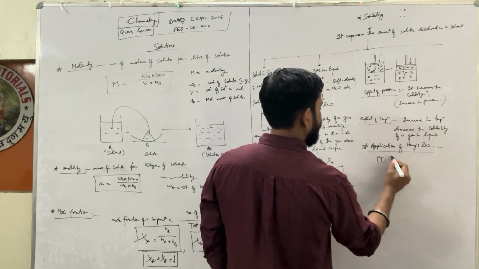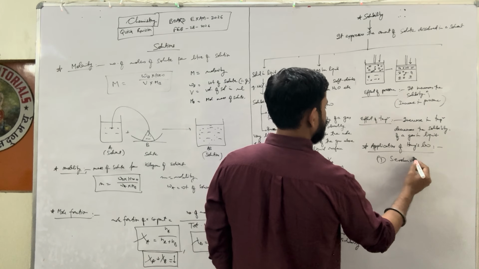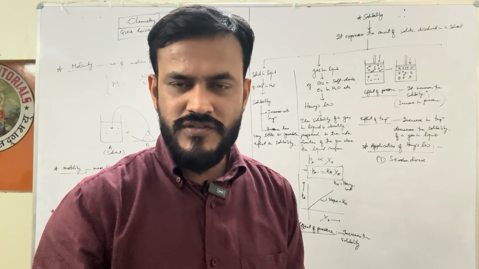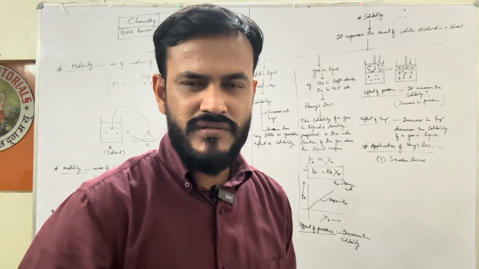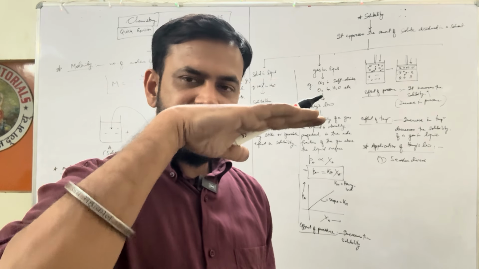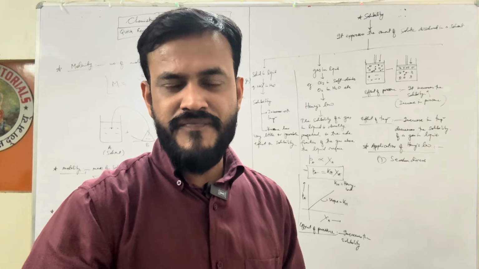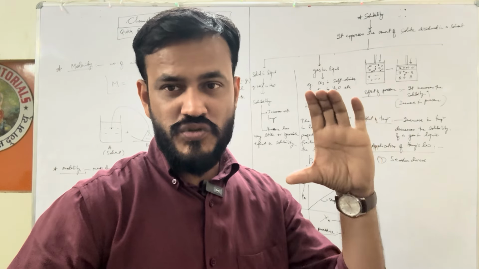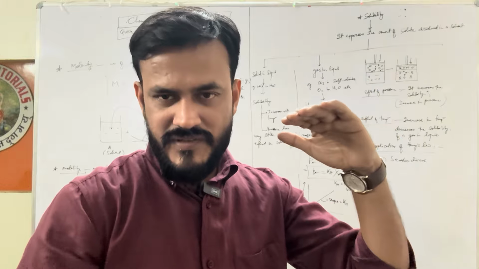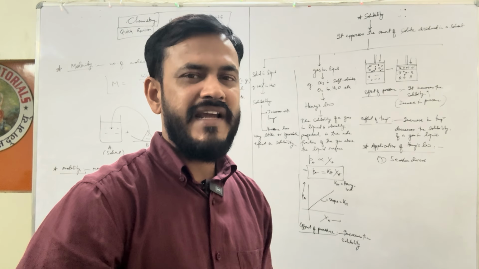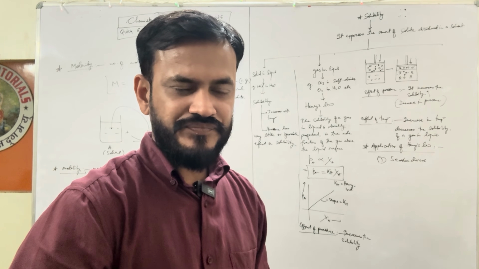We saw scuba divers. What happens when scuba divers go deep down the ocean, or say river? You have two pressures, atmospheric pressure and gauge pressure. So total pressure due to atmosphere as well as the water column over the body causes more and more gases to get dissolved in blood.